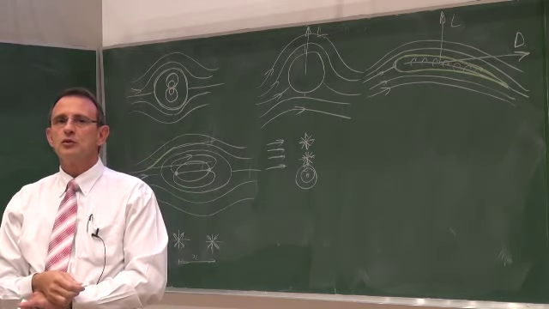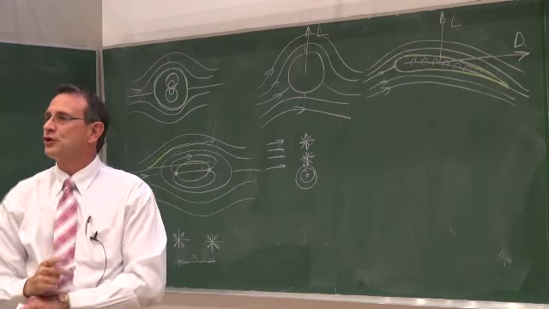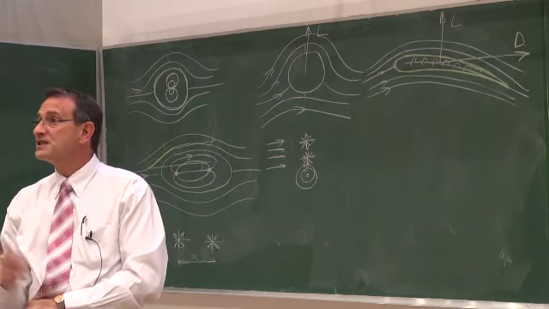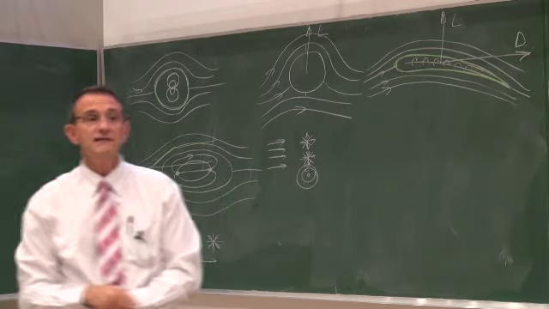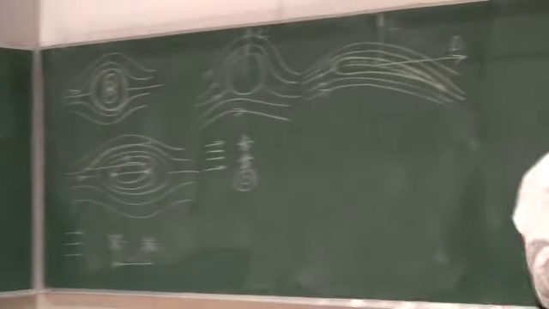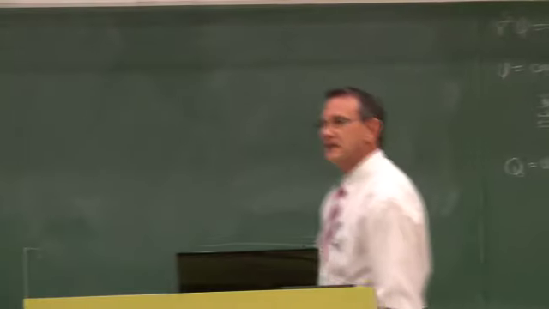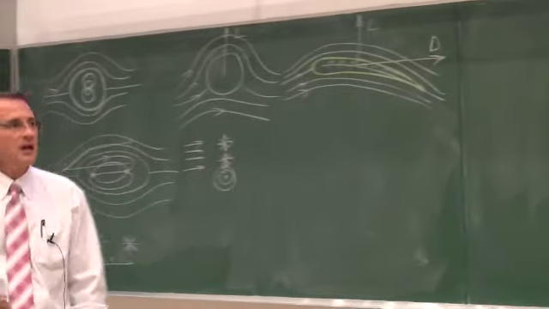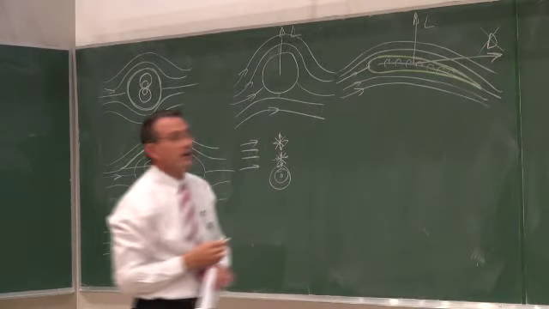Why wasn't it possible to determine the drag with this approach? Well, it lies in one of the assumptions that we made. We said it is inviscid flow, so the viscosity is equal to 0. Yep, all right. So the assumption was made that it is irrotational flow. The viscosity is equal to 0, and that is why it wasn't possible to determine the drag.